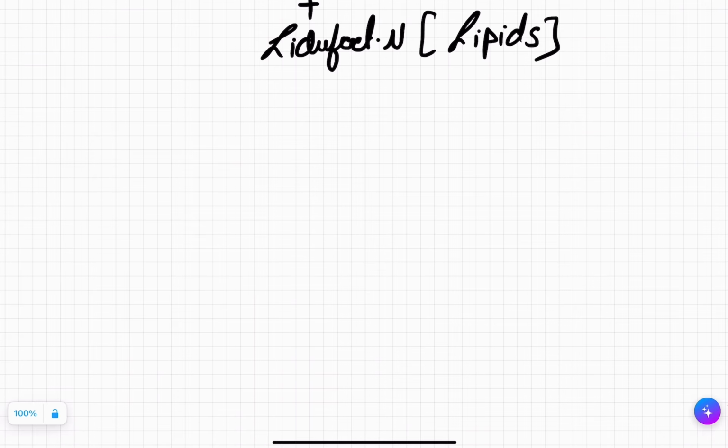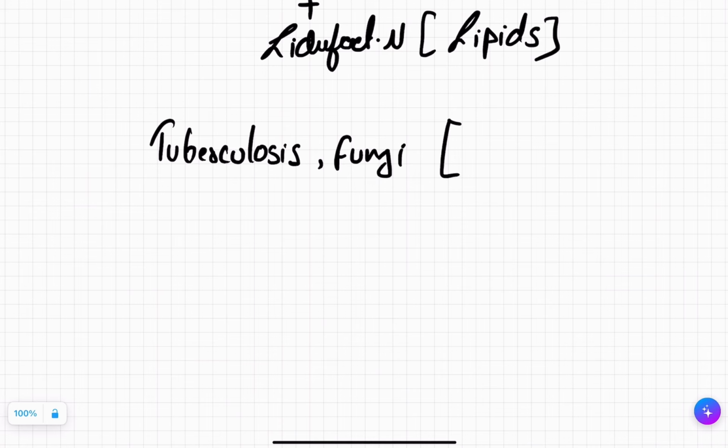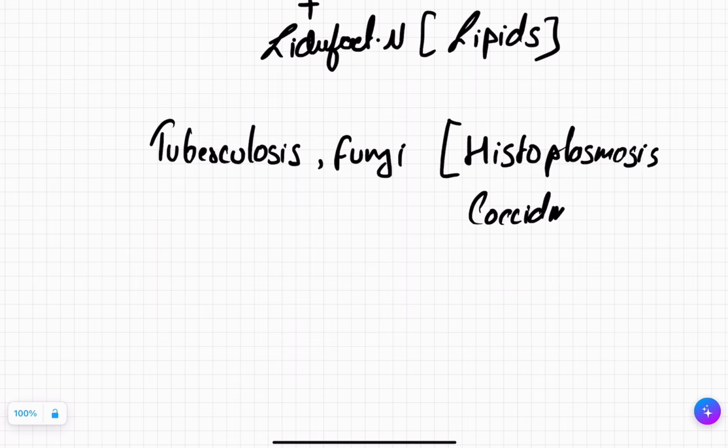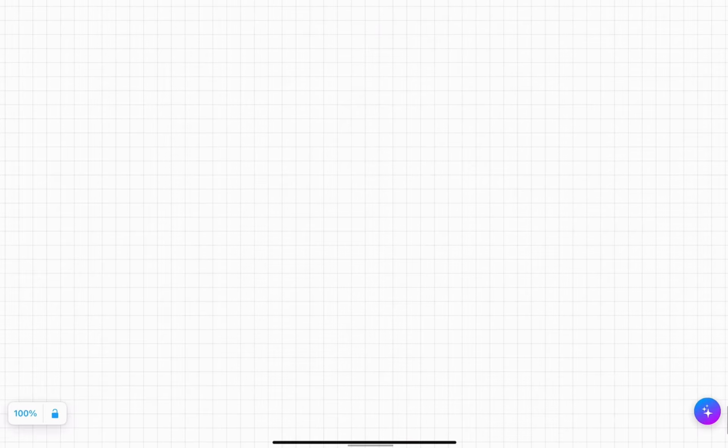This is mostly seen in tuberculosis and some fungi like histoplasmosis, coccidioidomycosis. So all the typical stages will take place, but on top of it, mycobacterium has fats in its cell membrane, right?